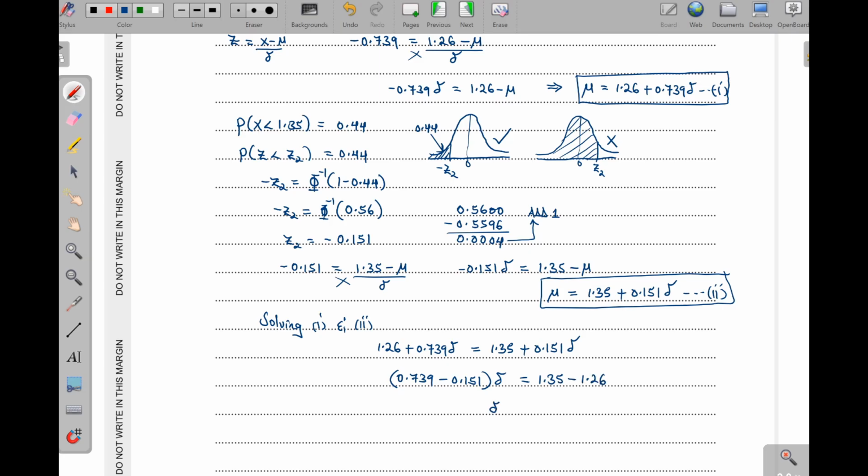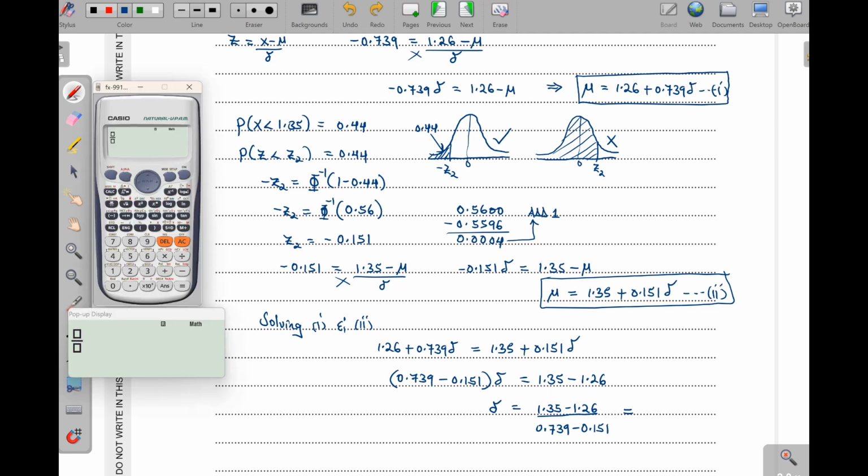So meaning standard deviation is going to be 1.35 minus 1.26, then out of 0.739 minus 0.151. Okay, as a fraction, what is it simplified? 1.35 minus 1.26, and then down here we have 0.739 minus 0.151.